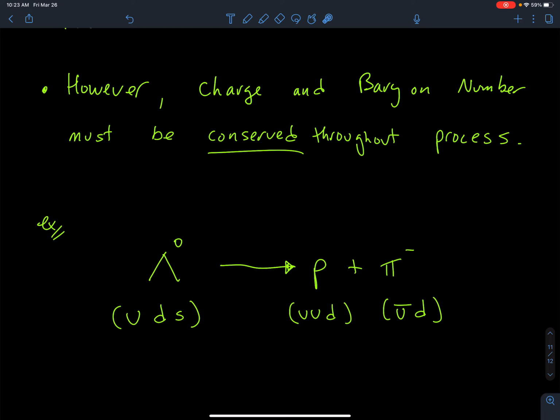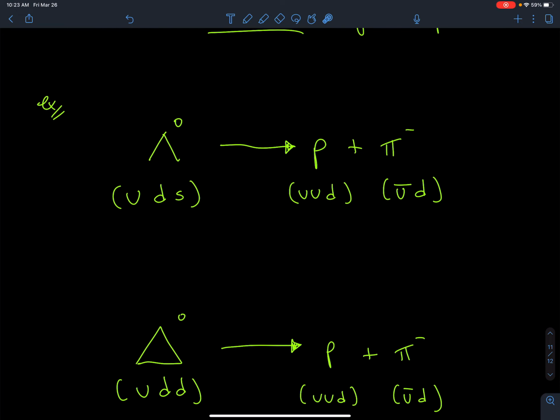So here from the textbook, I have 2 examples of nuclear changes. Here's a very short-lived particle called a lambda particle. It's like a giant neutron. And that giant neutron exists for a very short amount of time, and it falls apart into a proton and a meson, a pion particle, a pi negative. That's an exchange particle. Okay, so the lambda particle has a configuration of up, down, strange.